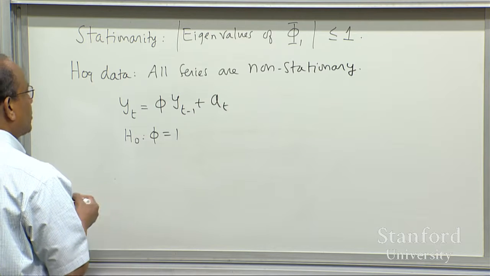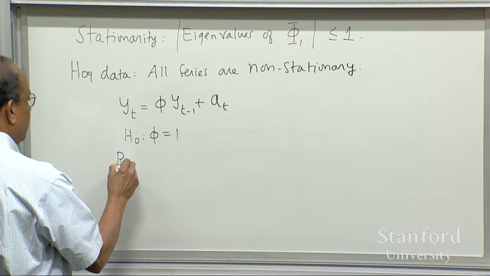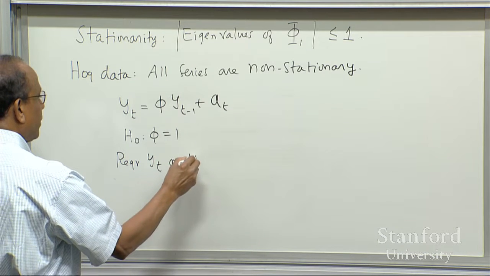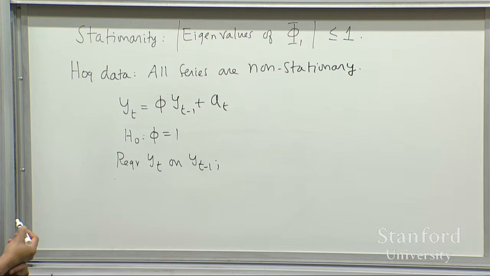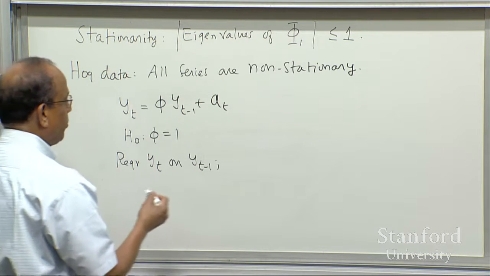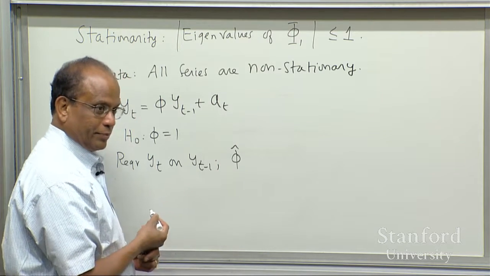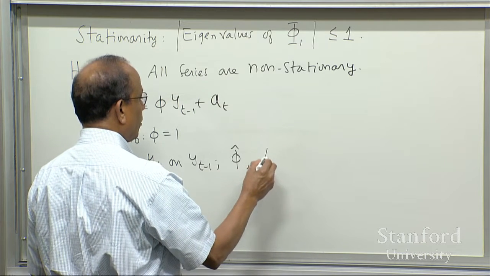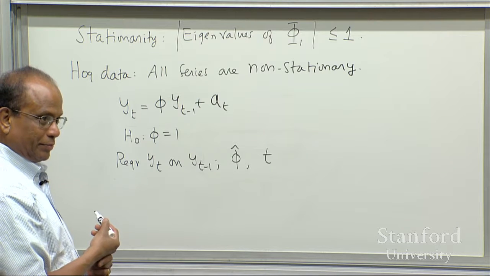And what it means is that essentially you regress y_t on y_{t-1}, right? And you can compute this pi hat, right? Very easy to do. And then you can also compute the t ratio that goes with that, right?